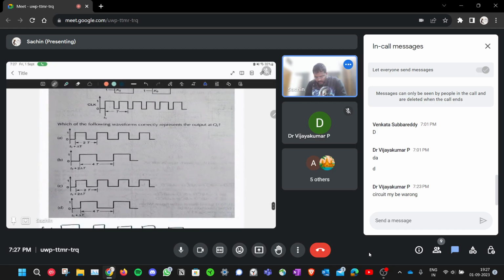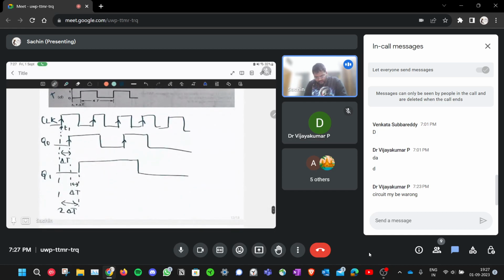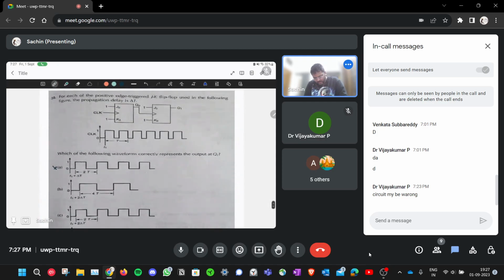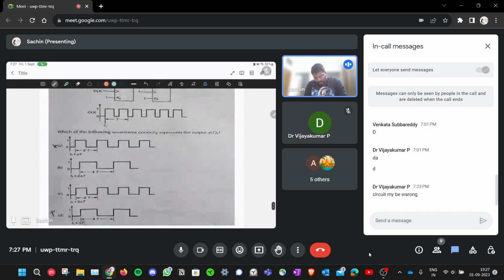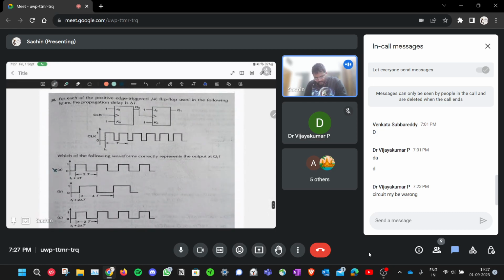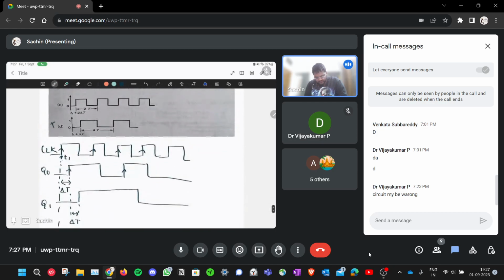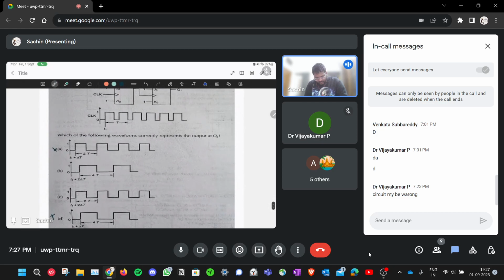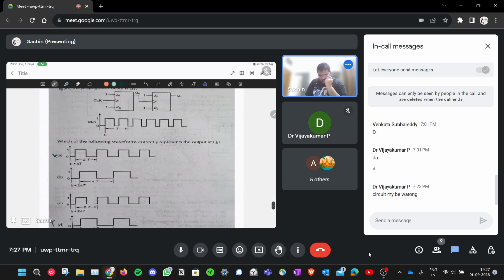So it can be option B or C, or it can be A or D. Next thing you observe is that at each stage the clock frequency gets halved and the time period gets doubled. Since there are two stages, the time period is 4 times, so it should be 4t. So it's option B.